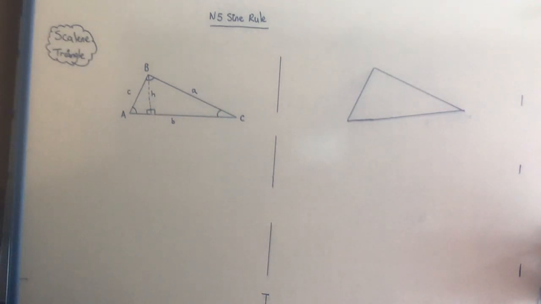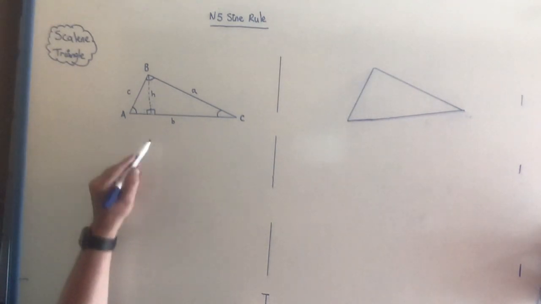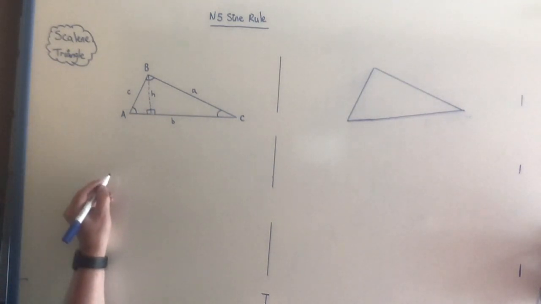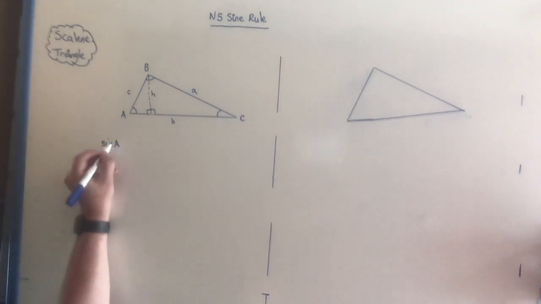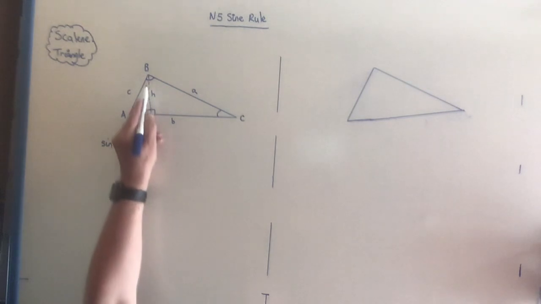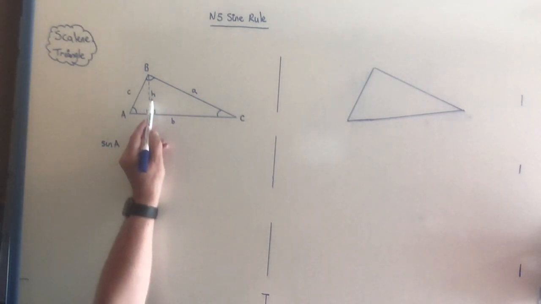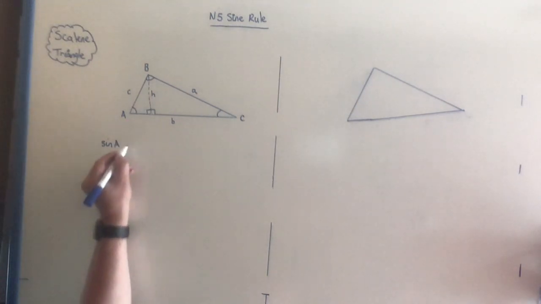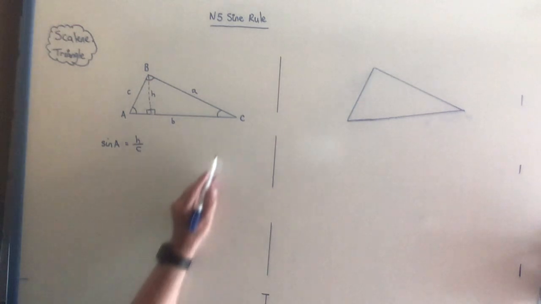Now, looking at this here, we can come up with a value using SOHCAHTOA for H. And here's how we do it. Okay, so sine A, so sine of this angle here, using your SOHCAHTOA from National 4, is the opposite, which is H, over the hypotenuse, which is C. So that's H over C. Now we can do it for this side as well.